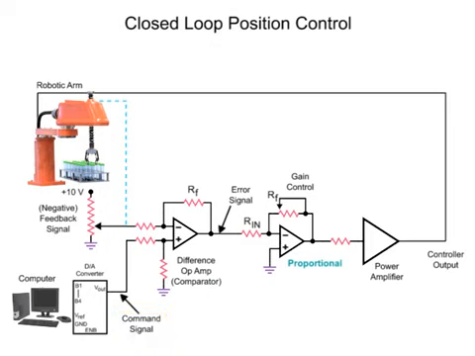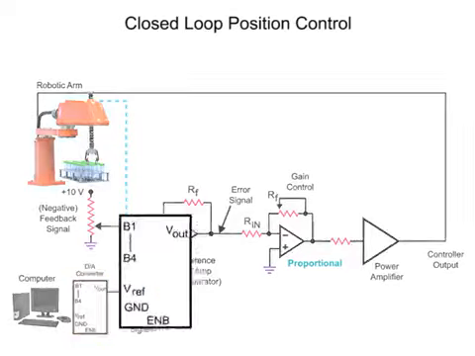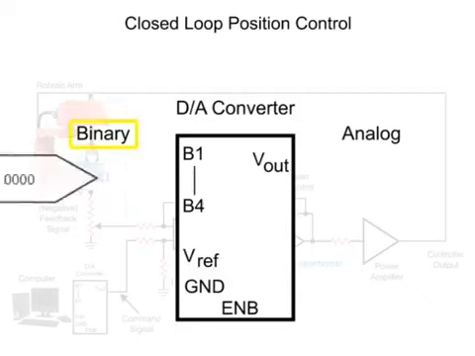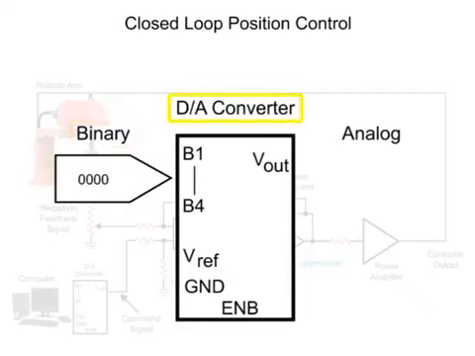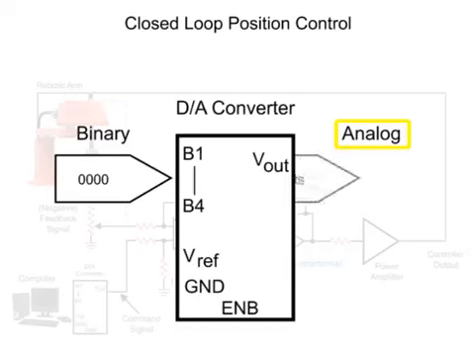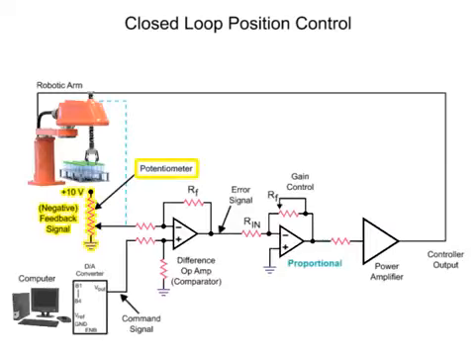The analog command signal voltage produced by the digital to analog converter determines the position of the arm. The potentiometer attached to a robotic arm in the circuit indicates the actual position. The variable voltage produced is referred to as the feedback signal.